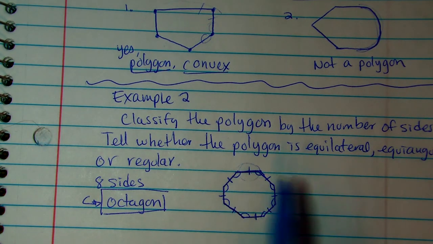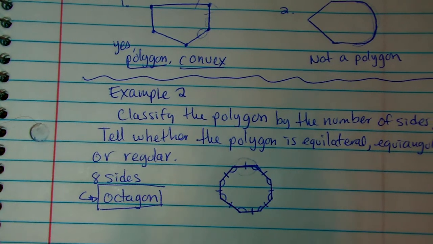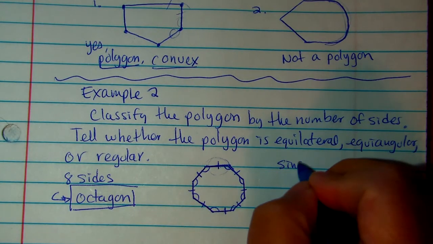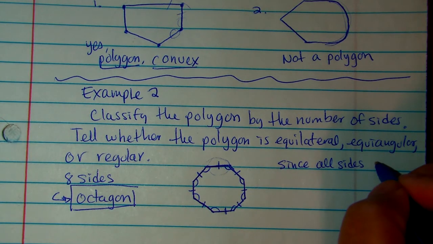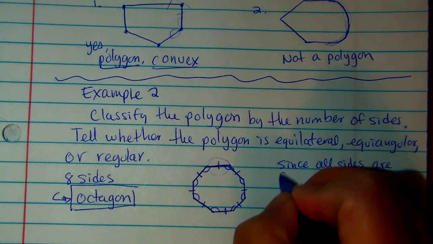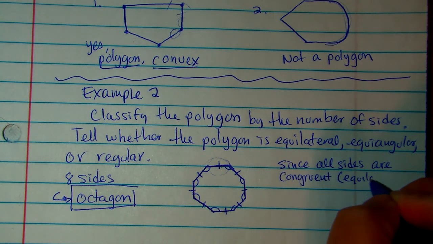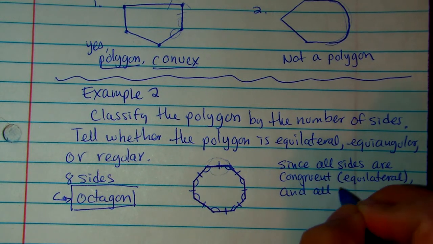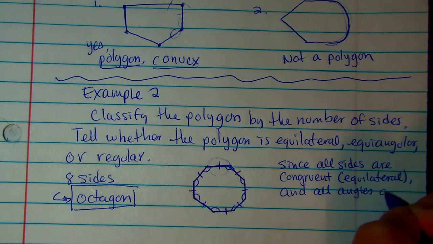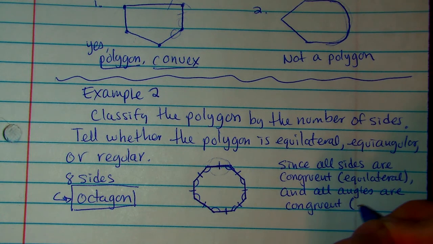If we see all the sides measure the same and all the angles measure the same, therefore it's a regular octagon, but we're going to write it as an explanation. Since all sides are congruent, it's equilateral, and all angles are congruent, it means it's equiangular.